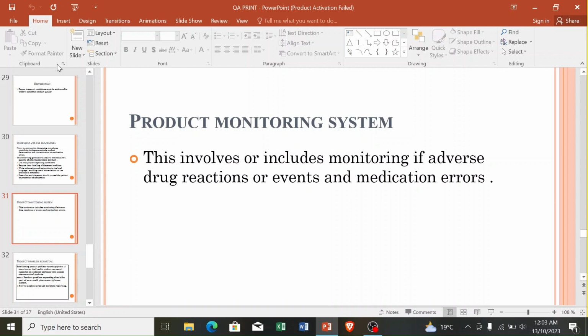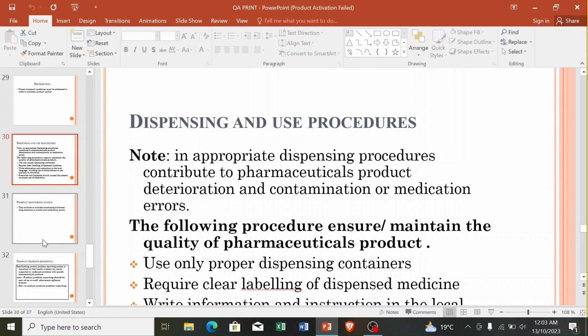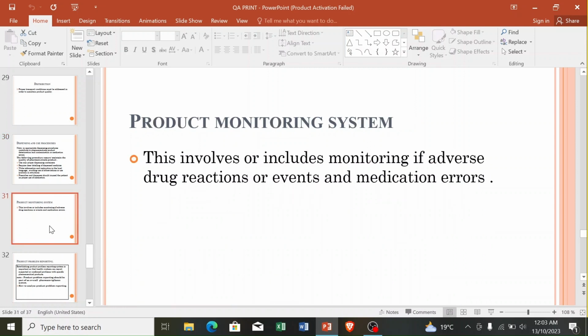That is our second last, where we look at dispensing. The third last is what we call the product monitoring system. After you have given a patient the medicine and they have gone home with it, you have to monitor the compliance and adherence of this patient to the medication you've given.